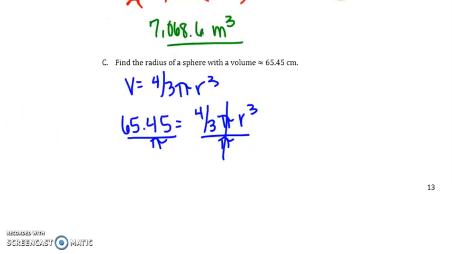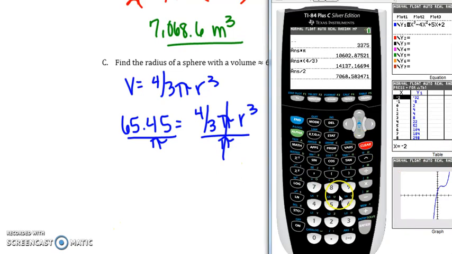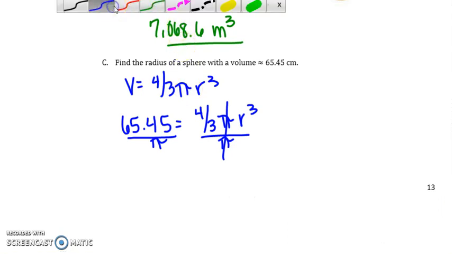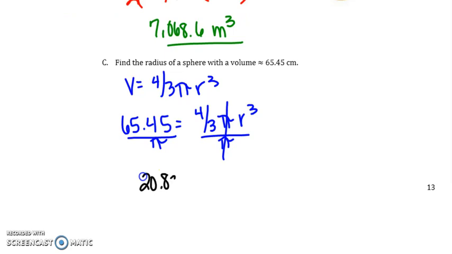Okay, so now let's go ahead and take 65.45 divided by pi, and that's going to give you 20.83. Right, so we're at 20.83 equals 4/3 radius cubed. So now, how do we undo a fraction?